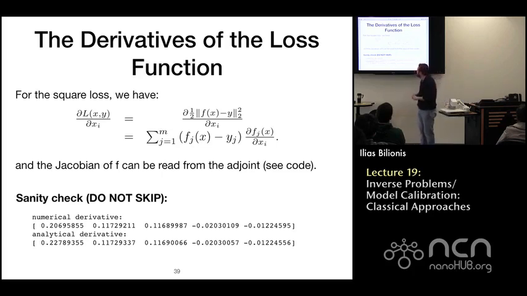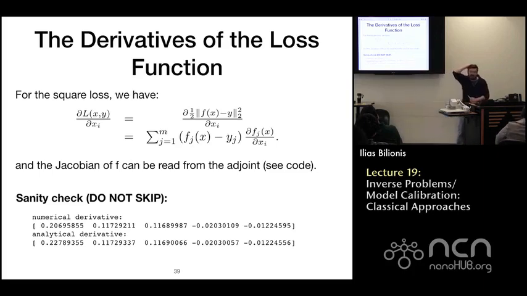They should not be exactly the same because the numerical derivative is not super accurate, but they should at least match to some significant digits, like the first one, at the very least. Do not skip this step, because it is very unlikely that you're going to get it right the first time, especially when you have a complicated problem.